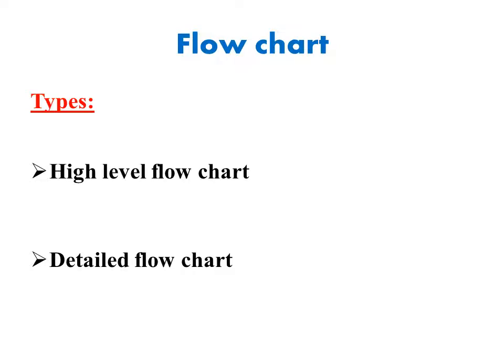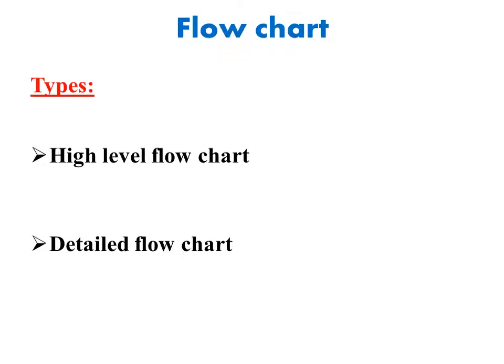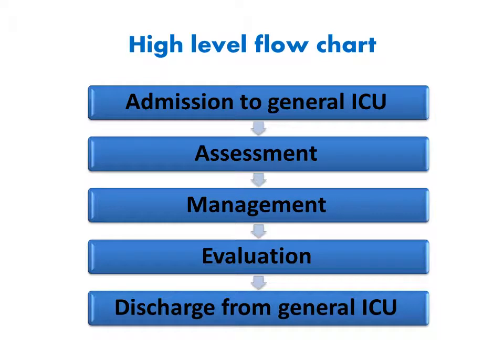For a flowchart, there are two types: high-level flowchart and detailed flowchart. This is a high-level flowchart, only the steps from the start to the end of your process. For me, maybe this is an example from my project before.